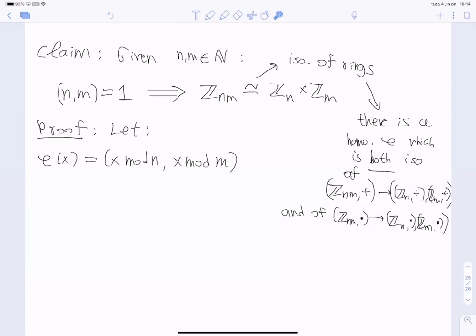Why do you think such a map is both injective and surjective? Without speaking about the operation, why is such a map both injective and surjective? The number of elements is equal in both.